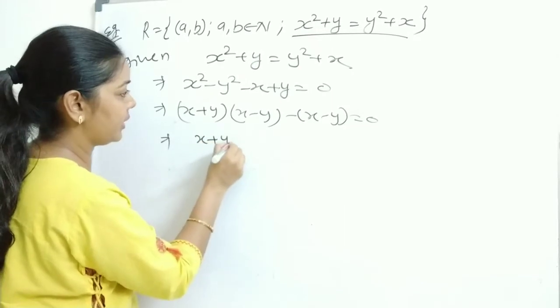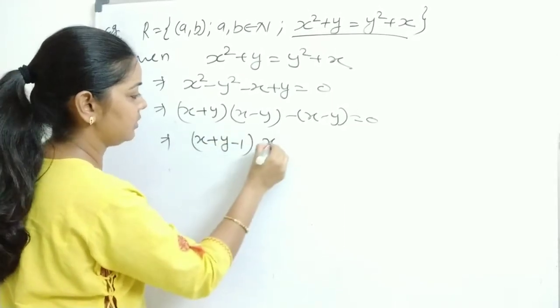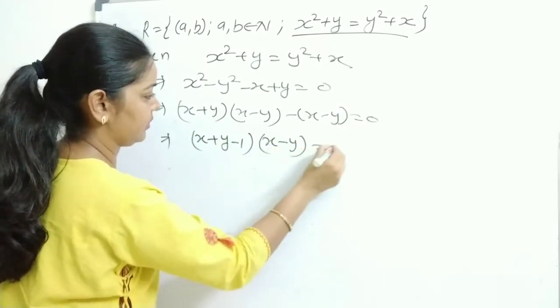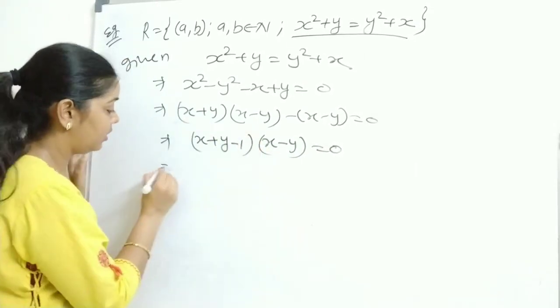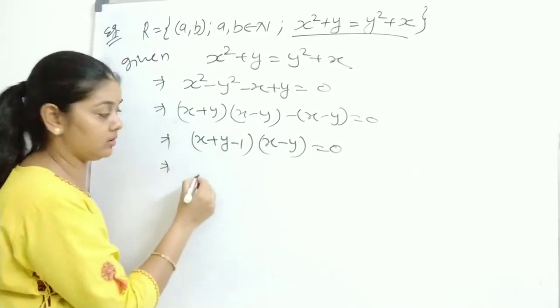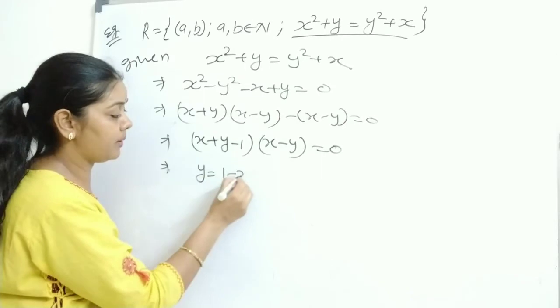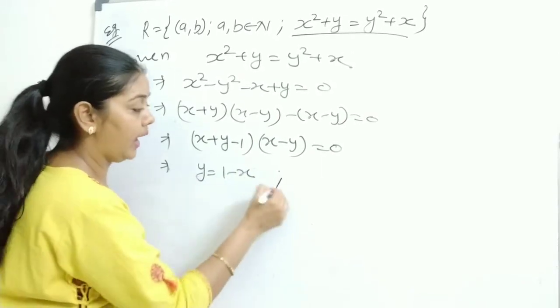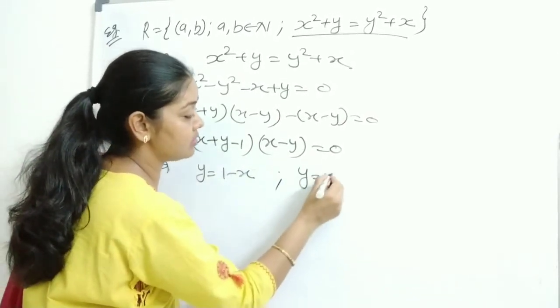(x plus y minus 1)(x minus y). Here look at this. From the first factor, y equals 1 minus x. And from the second factor, y equals x.